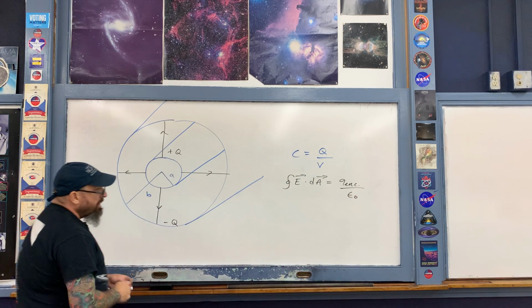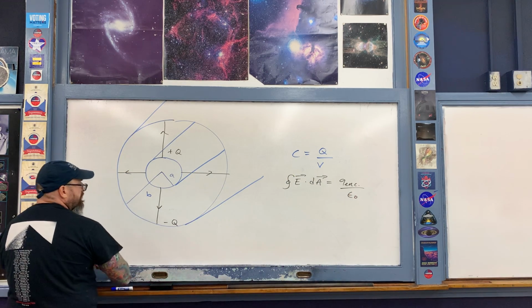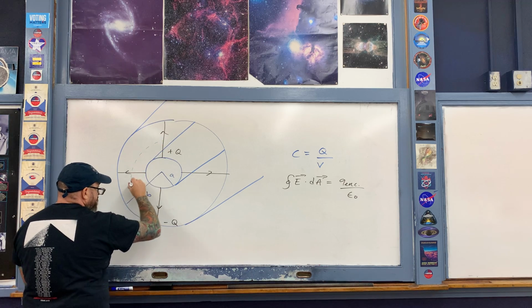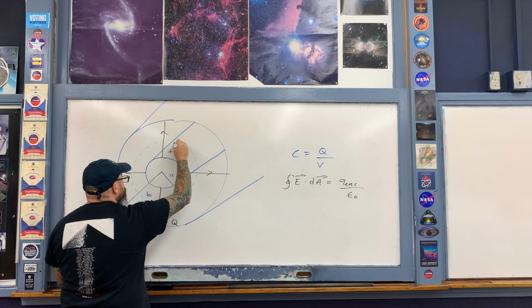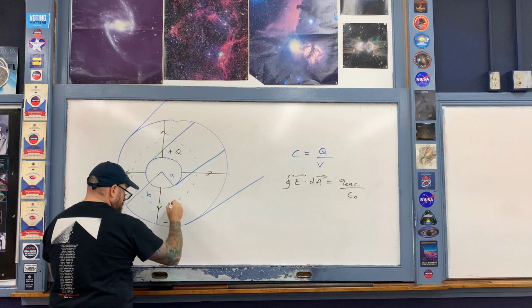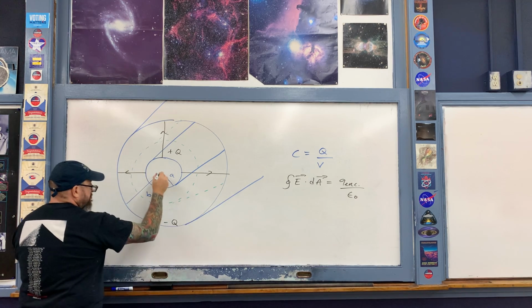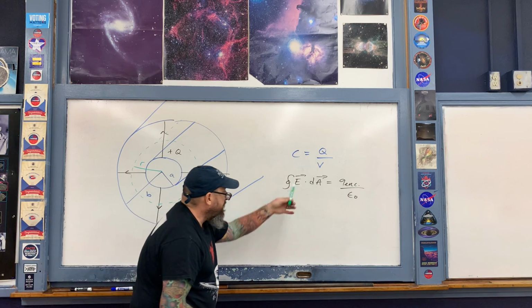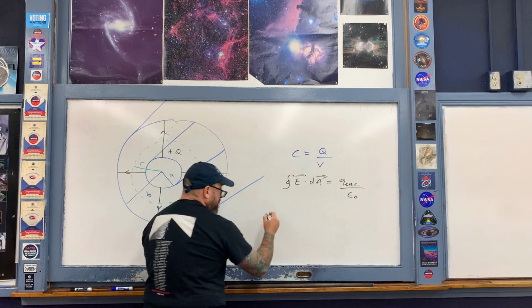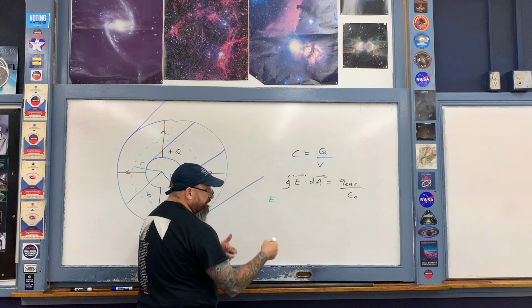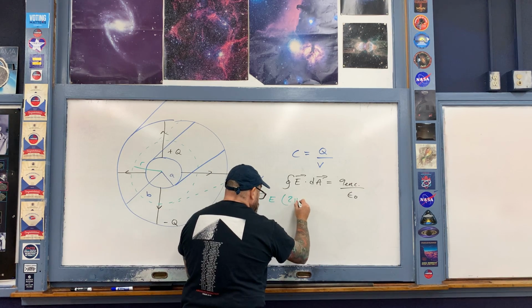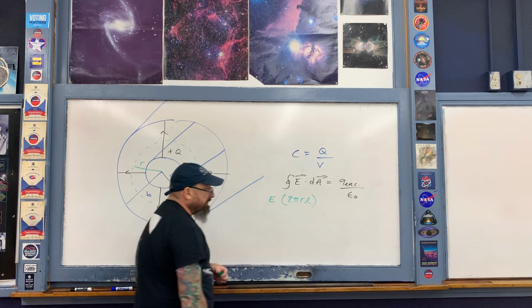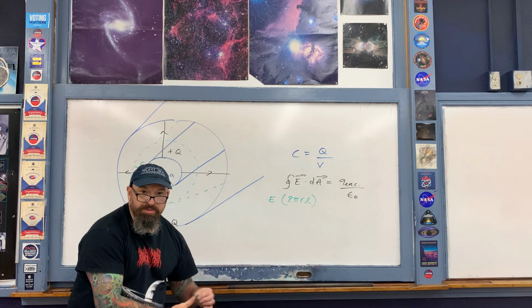Now we're going to set up right here. I'm going to draw it. Right here is going to be a cylindrical Gaussian surface with a radius small r. On the left-hand side of the expression from Gauss's law, we'll have E multiplied by the surface area of that Gaussian cylinder, 2 pi r times the length L. This is where the length L comes into play.